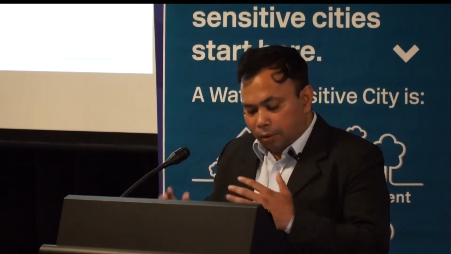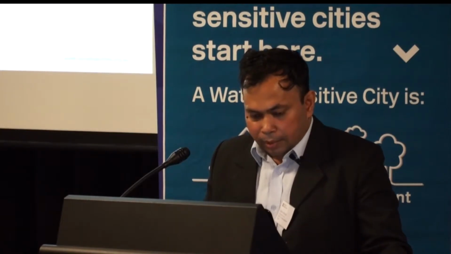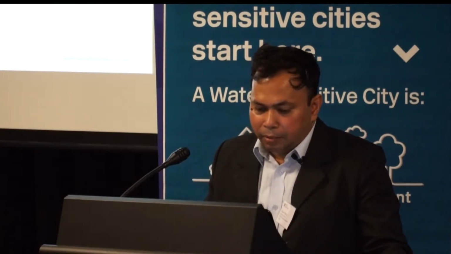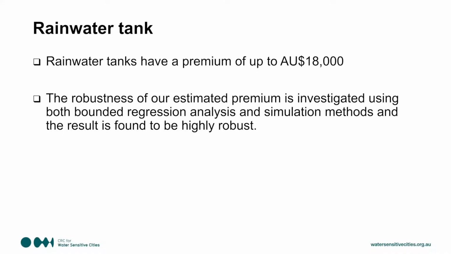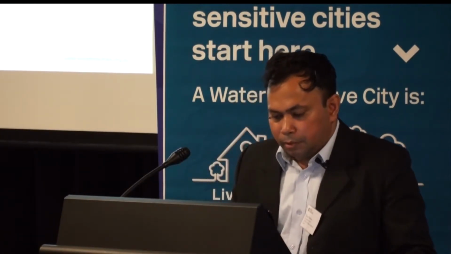After capturing all these things, we were able to tease out the value of having a rainwater tank, which was around an $18,000 premium, and we observed that this is more than sufficient to cover the installation and maintenance cost of a rainwater tank, which means that it is beneficial for private residents to install a rainwater tank in the Perth context. And we checked the robustness through various measures.